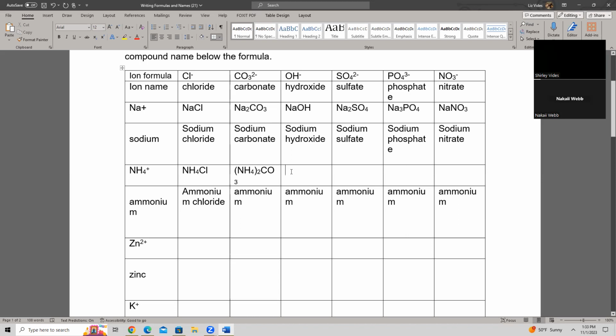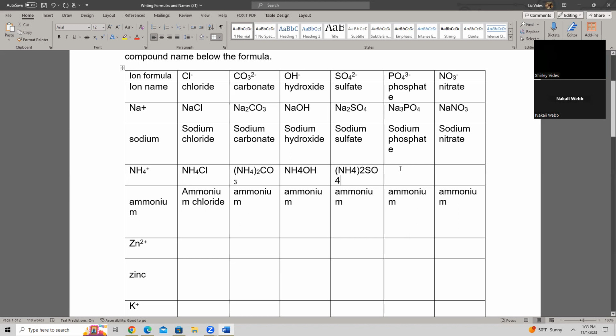Okay. Next one would be ammonium hydroxide, so NH4OH, and I'm not doing all of these, but okay. So the next one needs parentheses also, right? NH4, 2, and then the rest is SO4. All right, and I'm not doing all of these because it'll take forever.